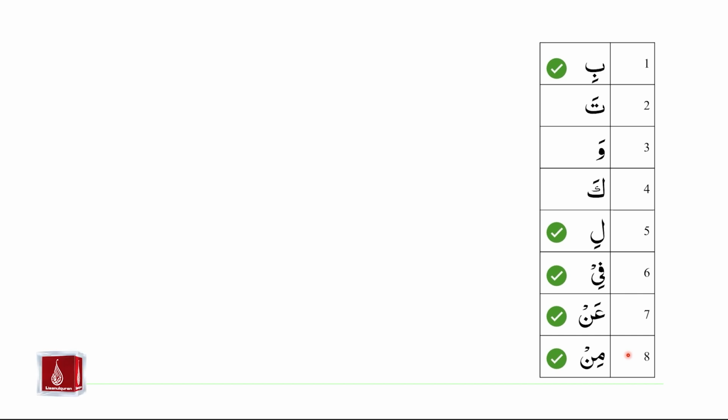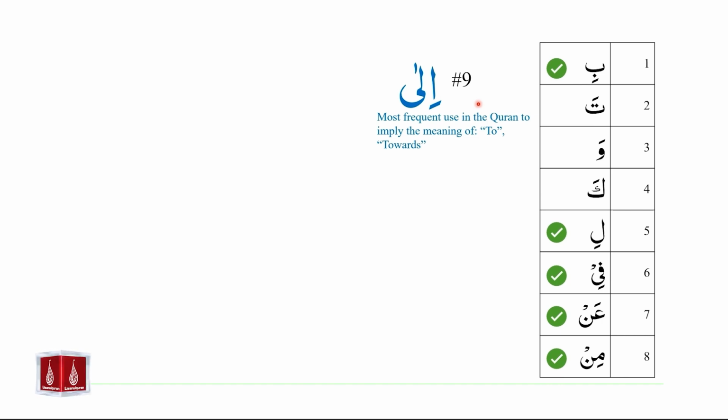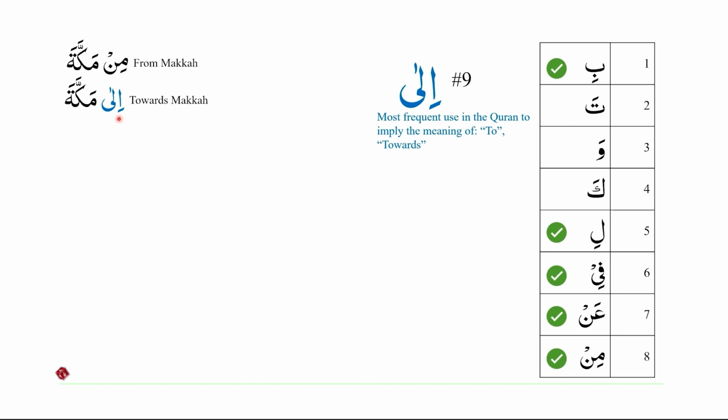Our next harf jar is ila. This is our 9th harf jar. Ila most frequently is used in the Quran to imply the meaning of to or towards. For example, we studied min makkata. Min makkata can be translated to from Makkah. Ila makkata, so ila brings out the meaning of towards.